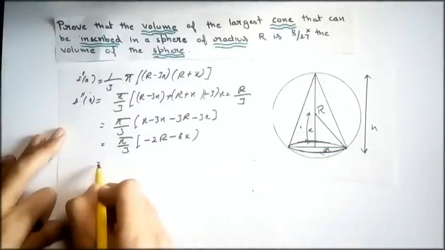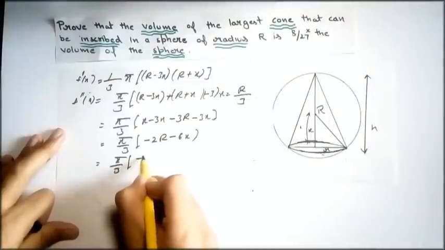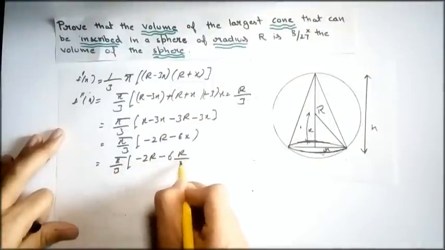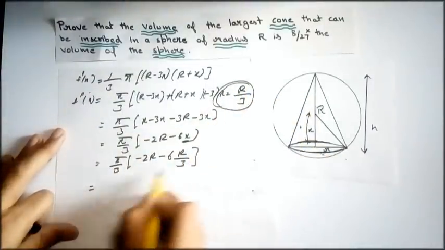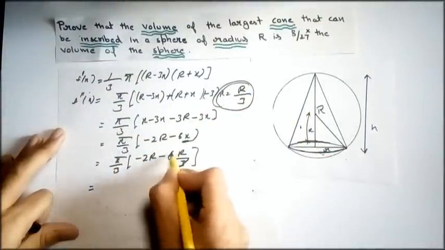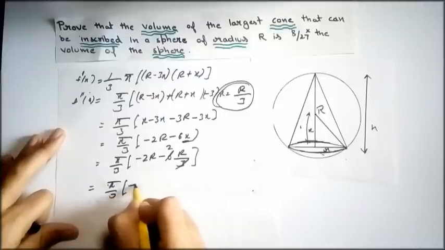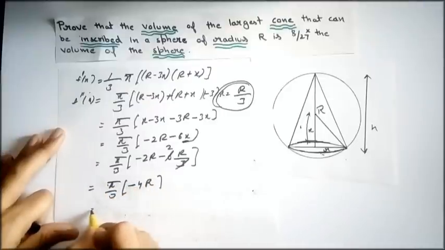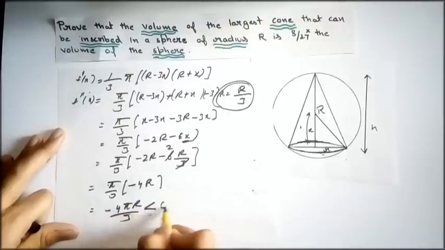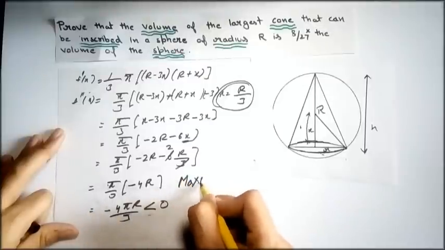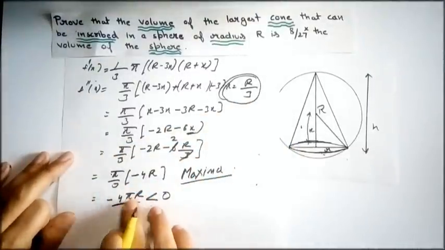So now let's put the value of x from here, pi by 3 times minus 2r minus 6r by 3, and now solve it. 3 2s are 6, that is pi by 3 times minus 4r, that is minus 4 pi r by 3, which is less than 0, hence this is maxima. So now we got the value of x and proved that this is maxima.